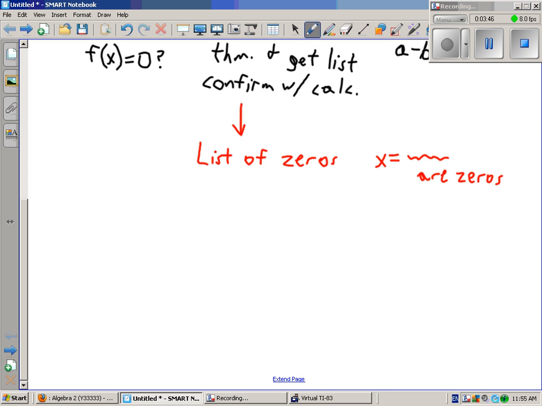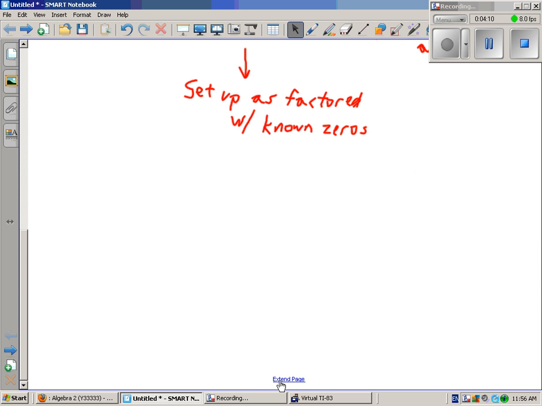Well, if you have a list of zeros, then basically you can set it up as factored with the zeros that you know. And if some of your zeros are imaginary, that's fine. So it might look something like this: f of x is equal to x minus one number, x minus another number, and so on and so forth.